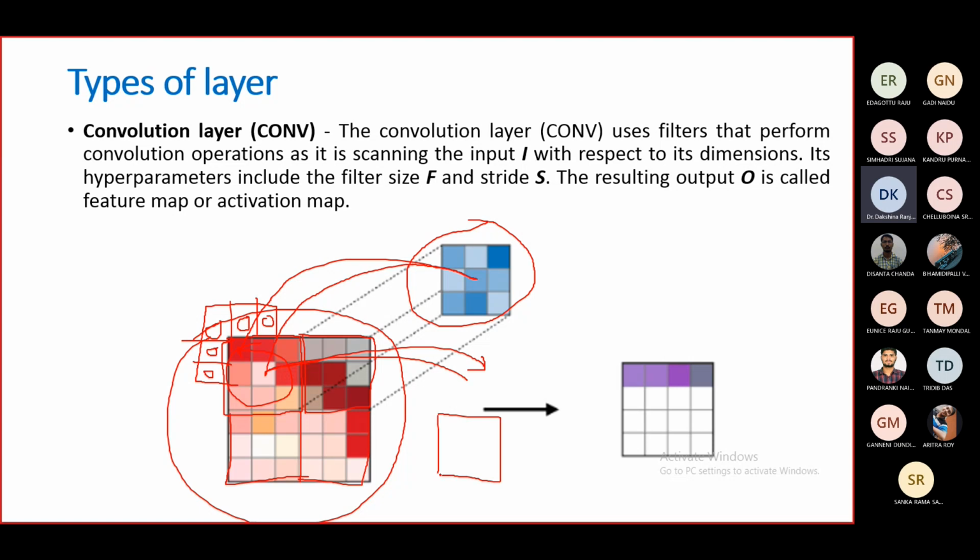That means after the convolution operation, we will generate 2 by 2. The pixel values of this area in the input image will map to this pixel in the feature map, this area will map to this pixel value, and this area will map to this pixel value. This is for the non-overlapping.